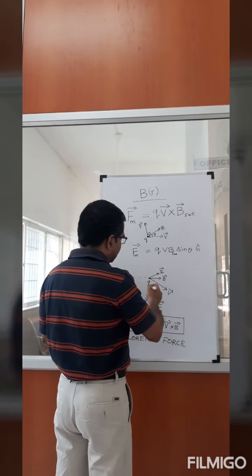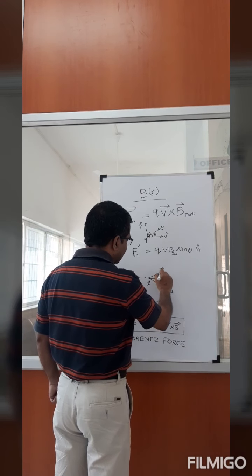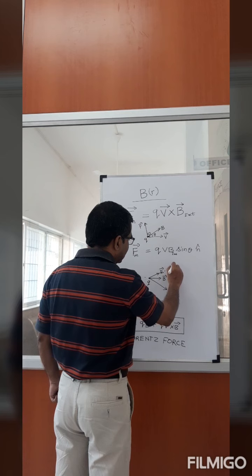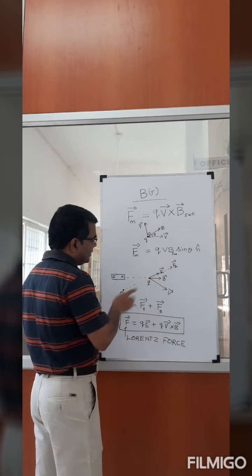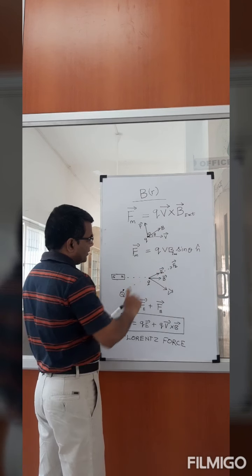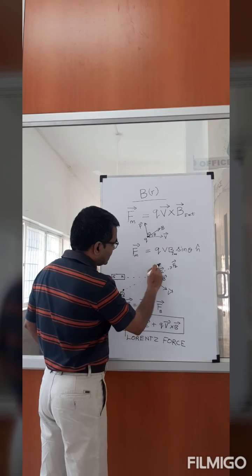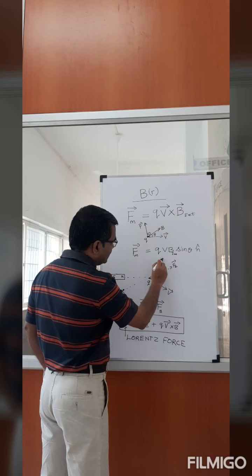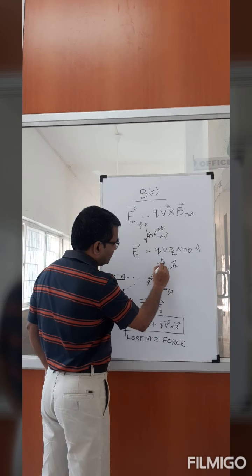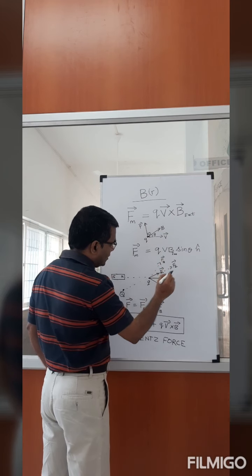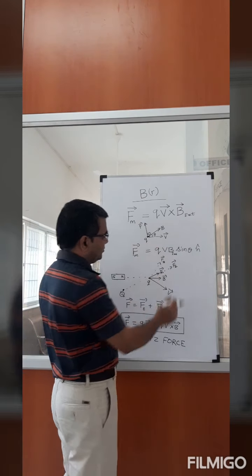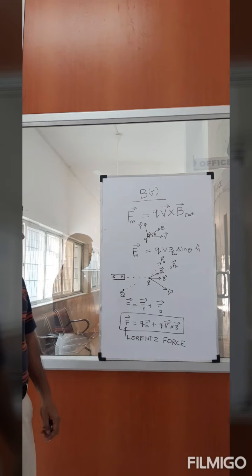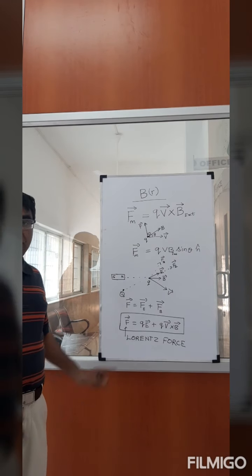If I take this one, the electric force Fe could be acting like this, and V cross B will go somewhere like this, that will be FB, and the net force will be the sum of these two. Hope this is clear to you.